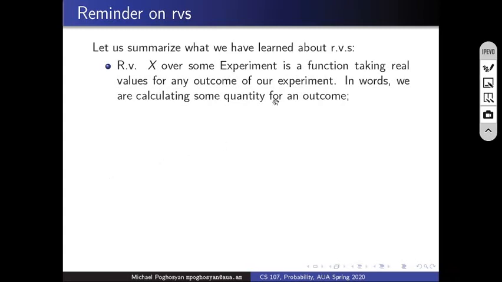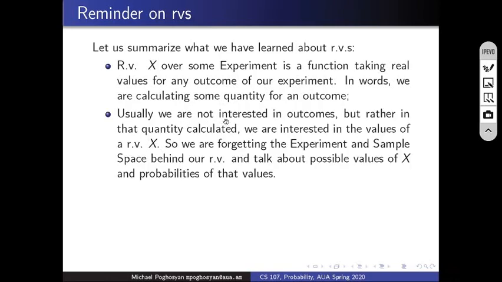So we have an experiment, a probabilistic experiment, and the random variable x is a function over the sample space of that experiment, taking real values. So for each outcome, it is calculating some real number. In words, we are calculating some quantity for an outcome.